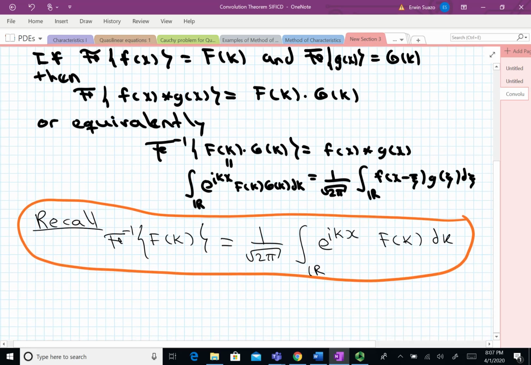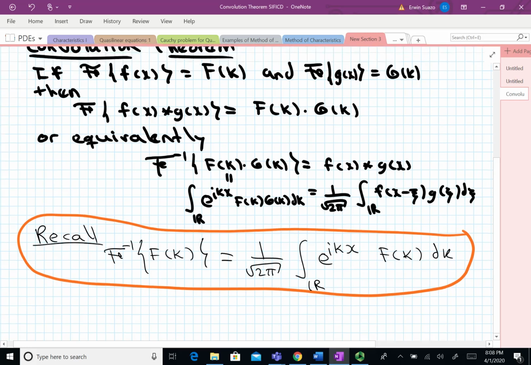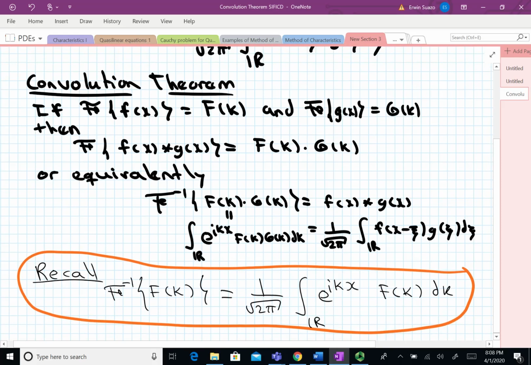The proof is very nice, very simple. Another notation for the Fourier transform is the hat, also called f hat. So just get used to it.